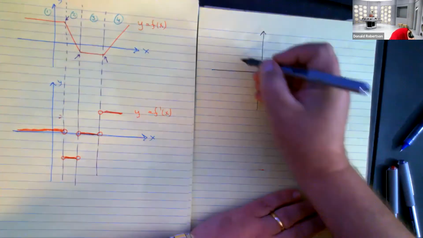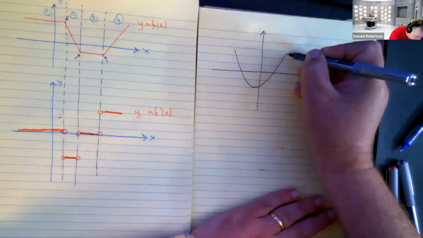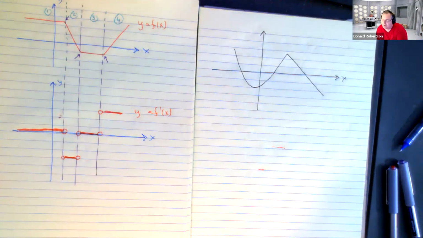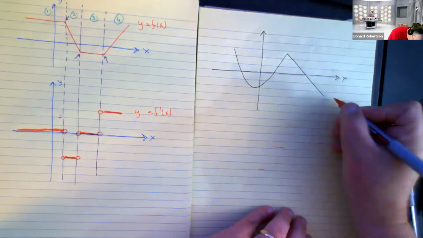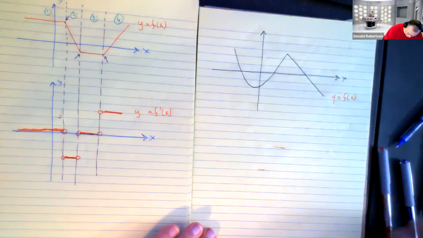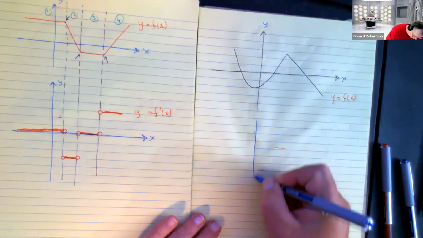So imagine I get a curve like this and a straight line like that, right? Imagine a function's a bit of A and a bit of B. And this is going to be our original. And we are going to figure out what its derivative would look like.